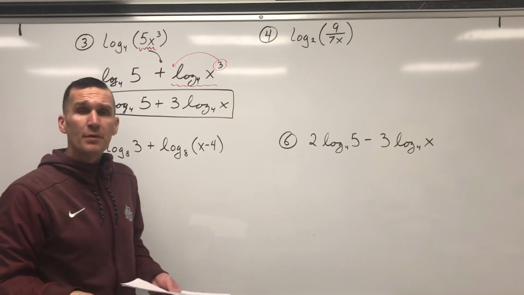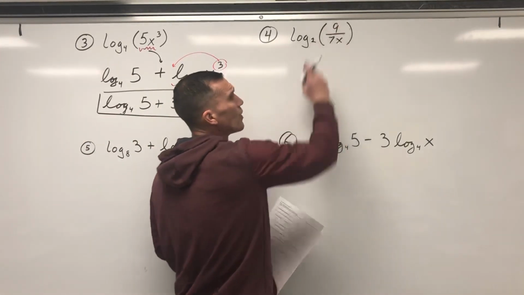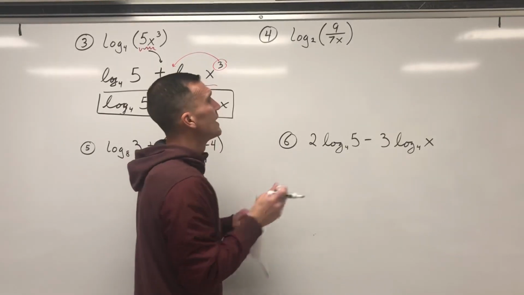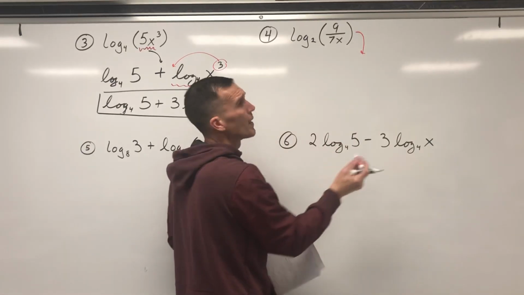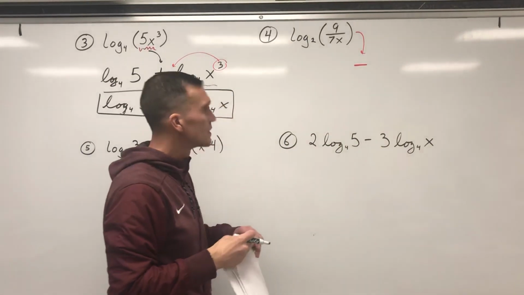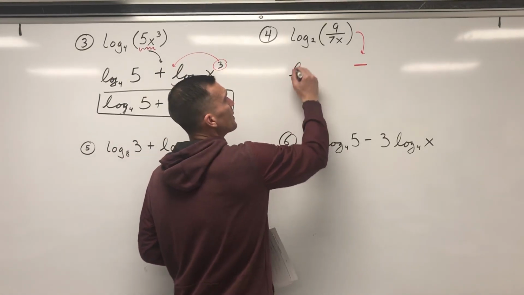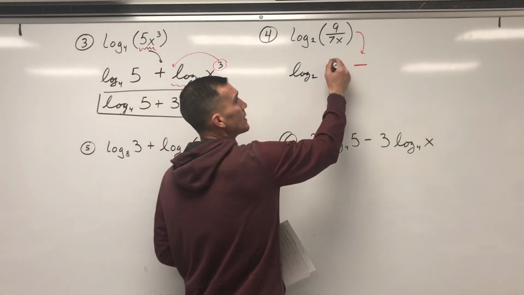Now when we look at number 4, I realize that overall it's a division problem. And if it's a division problem, I can use the quotient property, which says I can minus 2 logarithms. So I put log base 2 in the front, but I need an argument, which is the numerator, 9.